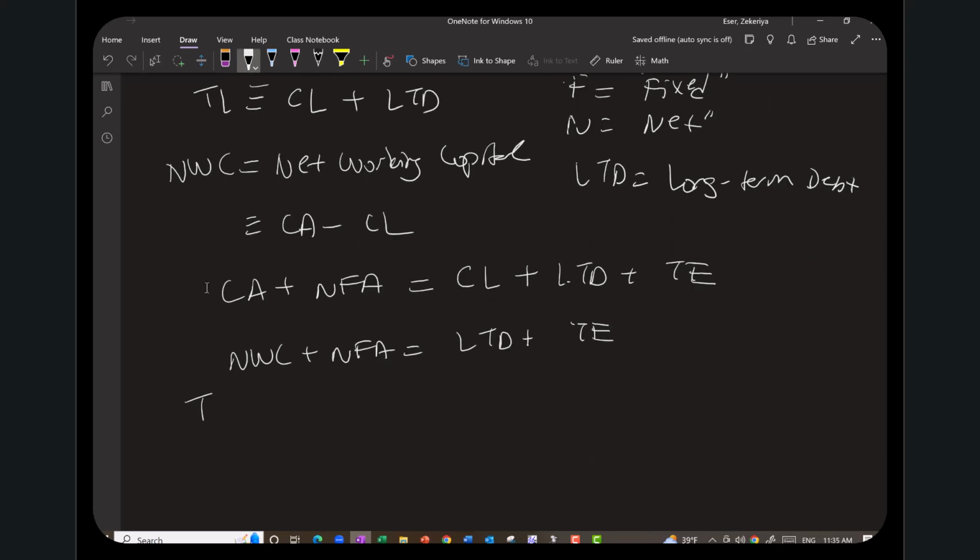There's one more thing in total equity. Total equity is decomposed into 3 pieces. One is called, I think, just capital, plus paid in surplus, plus accumulated retained earnings.